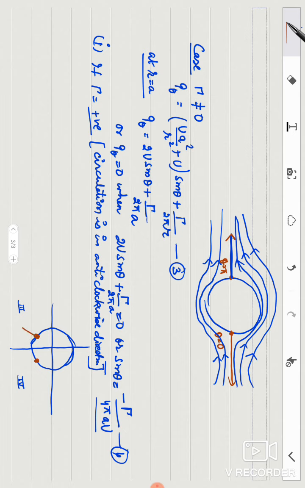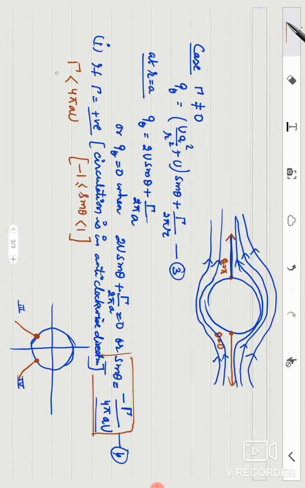So what will happen? These are the streamlines. In this case, when your sin theta is like this, first of all, if I say that gamma is less than 4 pi au, sin theta lies between minus 1 and 1, and gamma is positive.